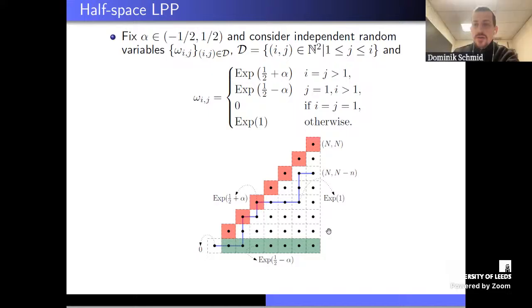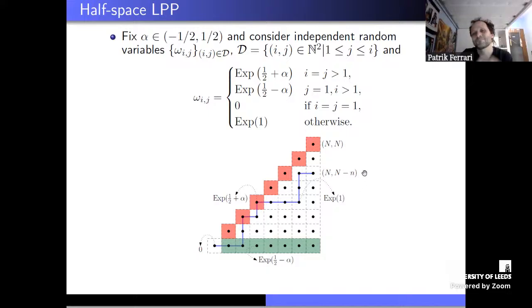Is it known that that's all? Or could there be even more? I think there will be more for half space, but I don't know if it is proven. It's a different question.